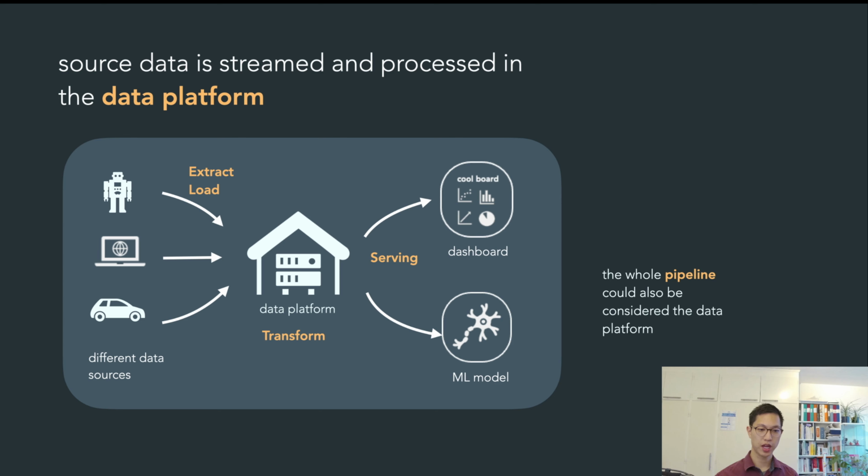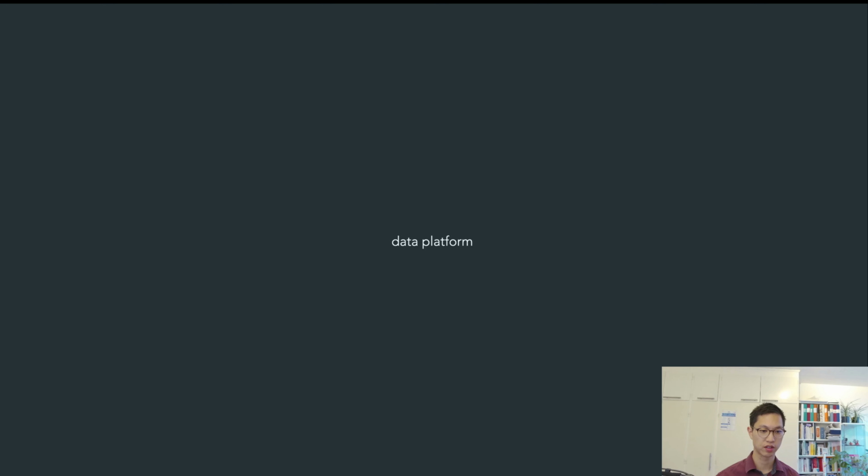The whole pipeline could also be considered the data platform. So we could consider everything here as the data platform, or you could just consider this part as the data platform. Different organizations use different terminologies, just to note that.